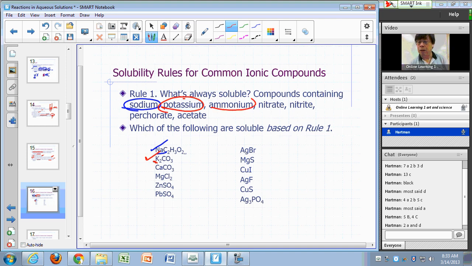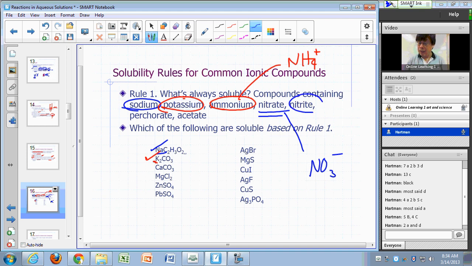How about ammonium? We look for a compound that has ammonium. Do you remember the formula for ammonium? It's NH4 with a positive 1 charge. Do you see any NH4 in these formulas? There isn't any. Okay. How about the next one, nitrate? What's the formula for nitrate? NO3 negative 1. Look for nitrates in this list. There isn't a nitrate in this list.